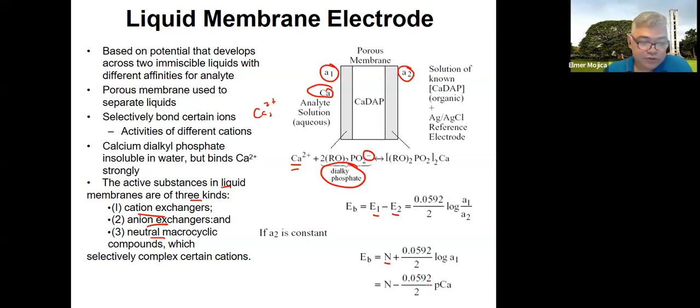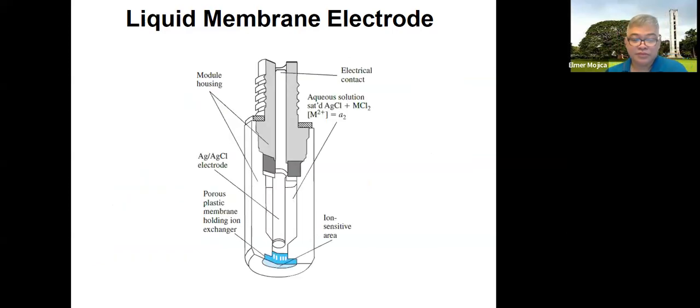And if we look at the design of the liquid membrane electrode, this is typically how it looks. What can you say about it if you compare it with a pH electrode? What can you say?